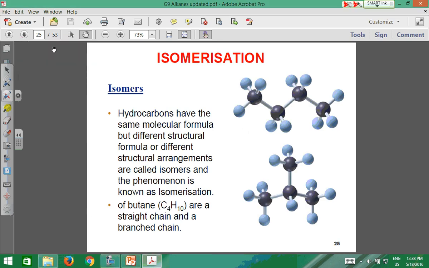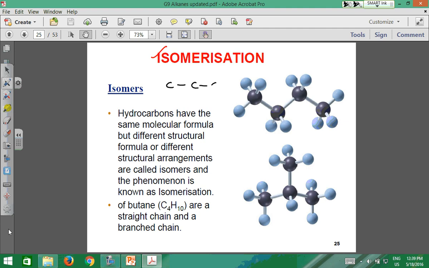Another very important and very needed topic in organic chemistry is isomerism or isomerization. So what does isomerization mean? For example, I have a compound with this formula.